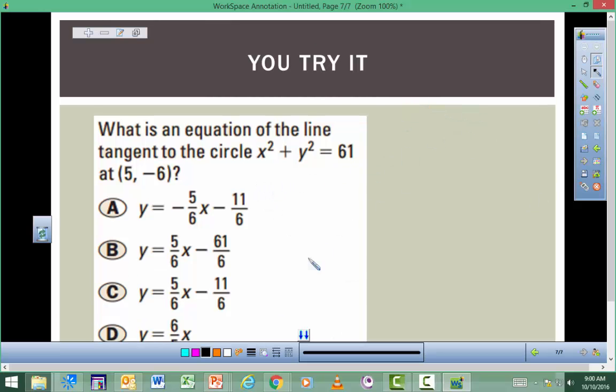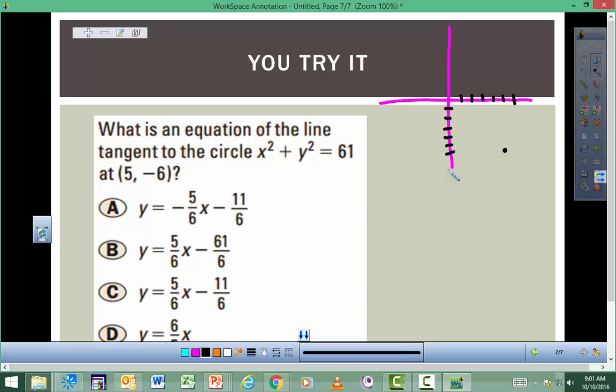Okay, so again, what you're doing is, if you look at this circle, we know the point (5, -6) is on the graph. So 1, 2, 3, 4, 5, 6, and then 1, 2, 3, 4, 5, 6, and so (5, -6) would take us down to right here.